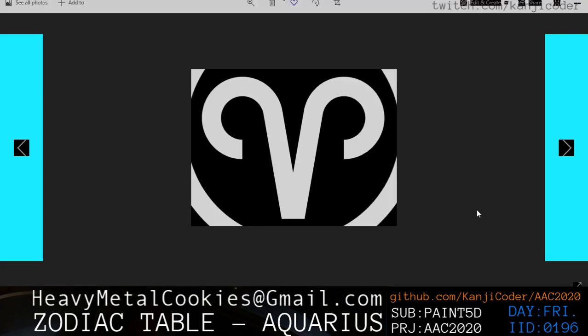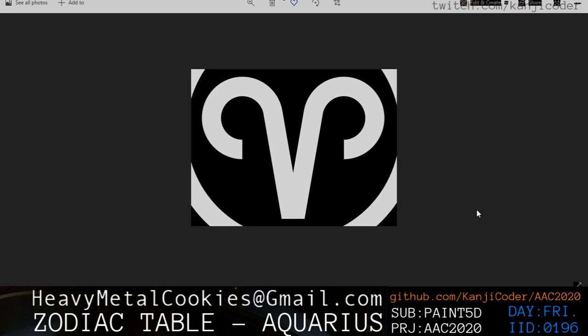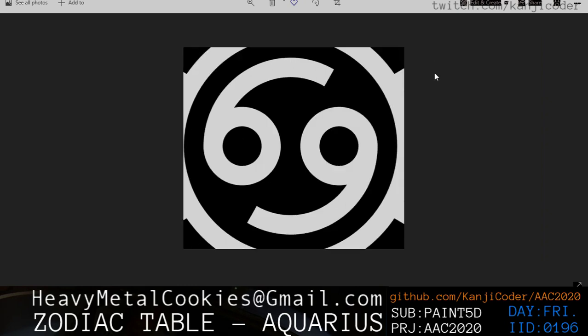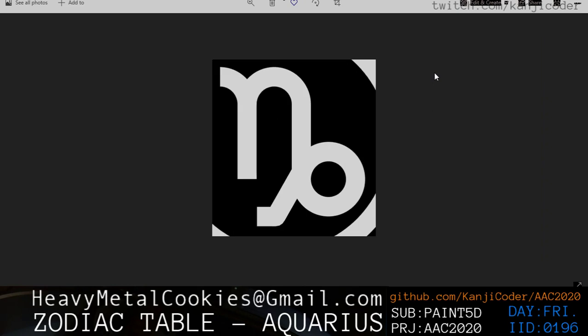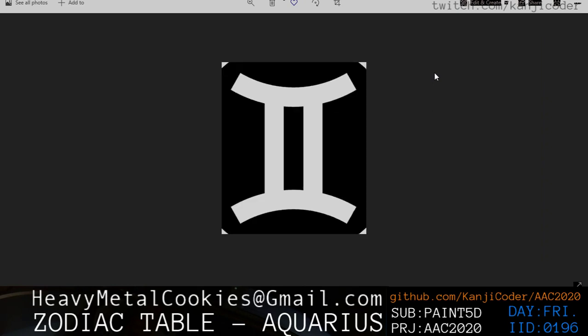We just want accountability to know what's here in this project. So the Aquarius symbol, this is a goat, so it's what is this, Virgo? Hold on, no, Aries. Virgo is the M thingy. Okay, I still haven't gotten these remembered. So this is a crab, that's a 69, Cancer. This thing that looks like a no is Capricorn.